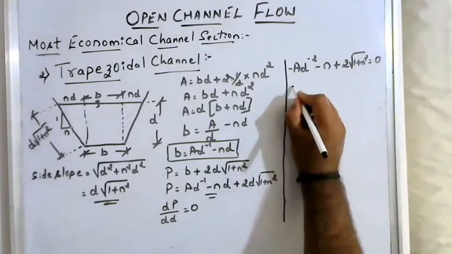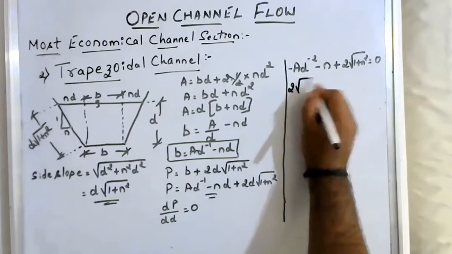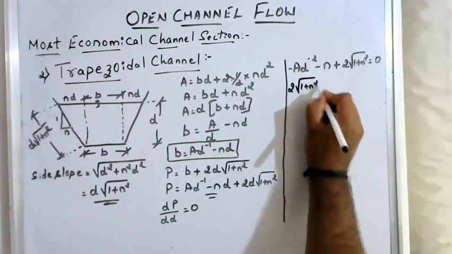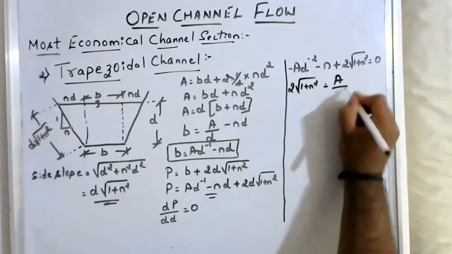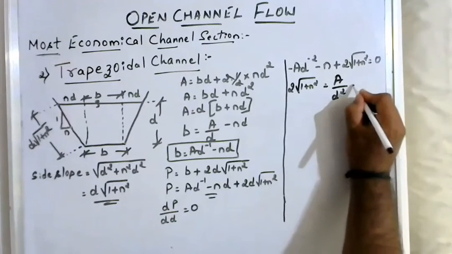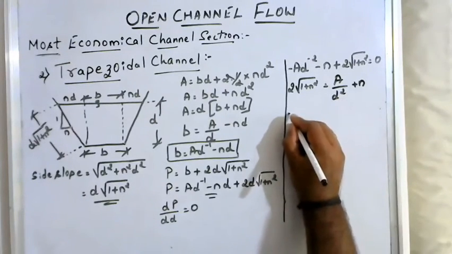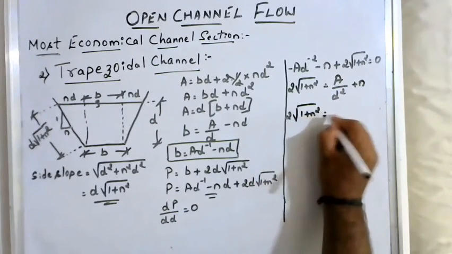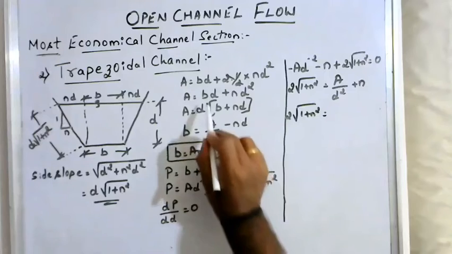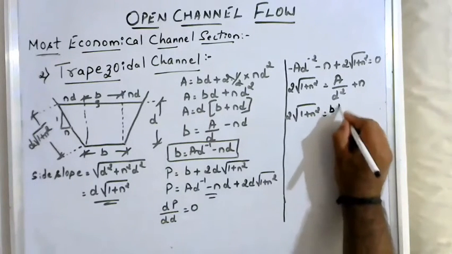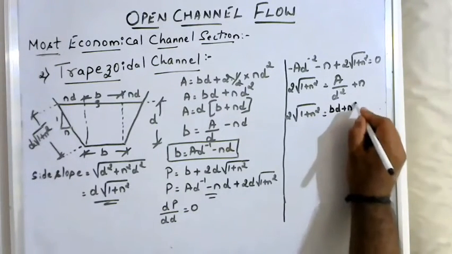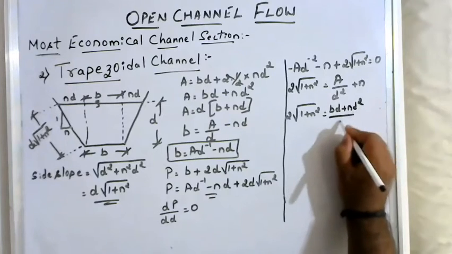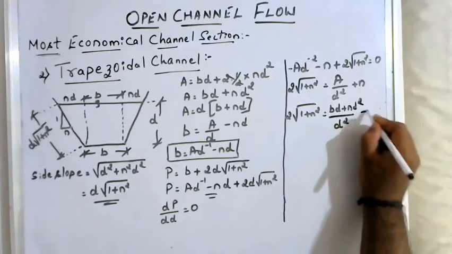Further, I can write 2 root of 1 plus n square is equal to A divided by d square plus n. What is area here? Area is bd plus nd square, divided by d square, plus n.